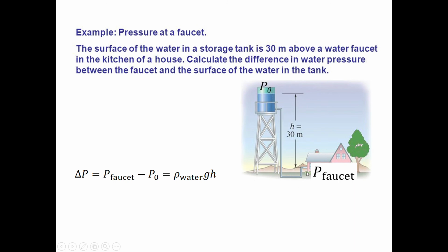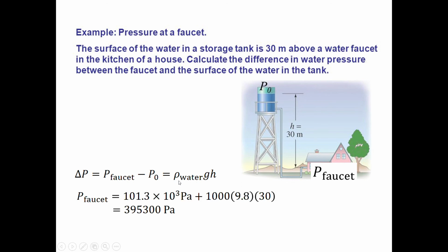And so that rho g h formula is only true for incompressible fluids, or fluids that have constant densities, and it's pretty much true there. So the difference in those pressures is equal to rho of water times g times h, and that means the pressure at the faucet is equal to atmospheric pressure plus rho of water, which is 1,000 in SI units, little g is 9.8, and h is 30 meters, how far we went down.